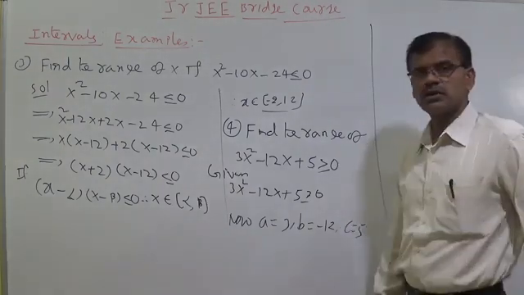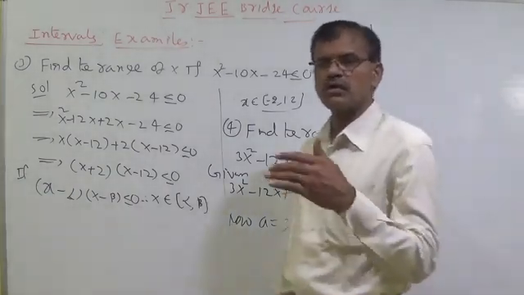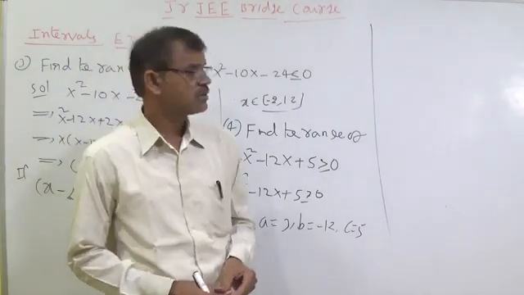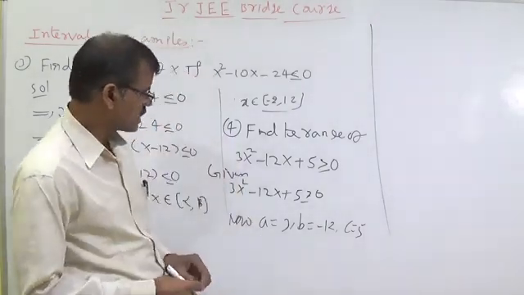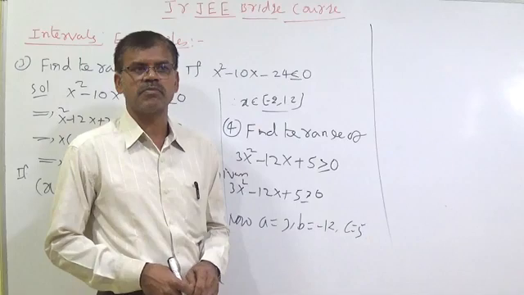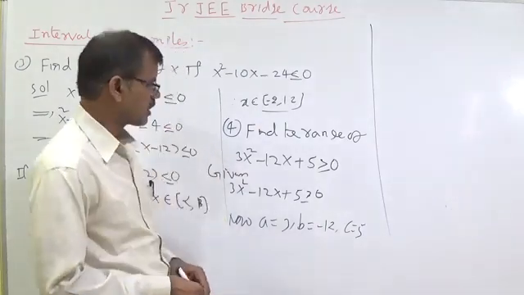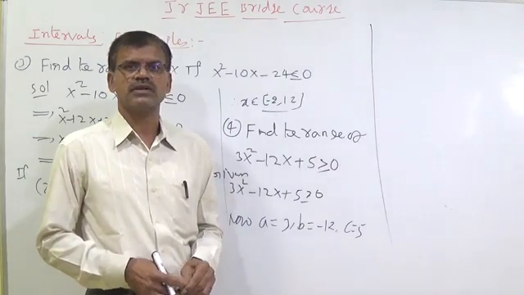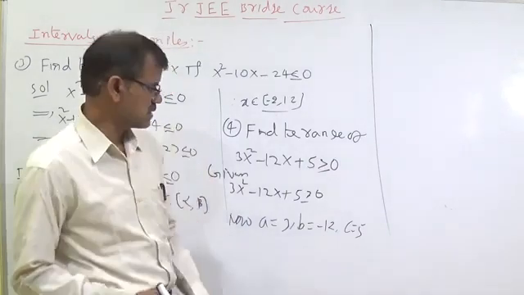For a quadratic equation, if it is not possible to find factors, or if there is no chance to split the middle term properly, then we can write the formula x is equal to minus b plus or minus root b square minus 4ac by 2a.